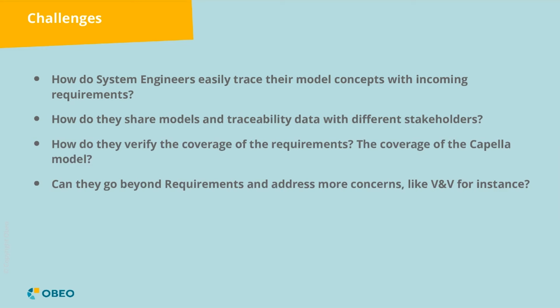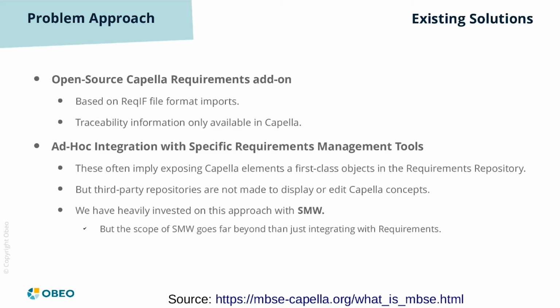Okay, so these are the challenges that we are trying to tackle with publication for Capella. Before I come to publication for Capella, I'd just like to talk about a few already existing solutions that address at least part of the problem approach. Of course, there is, as I already mentioned, the open source requirement add-on that is based on ReqIF format imports.